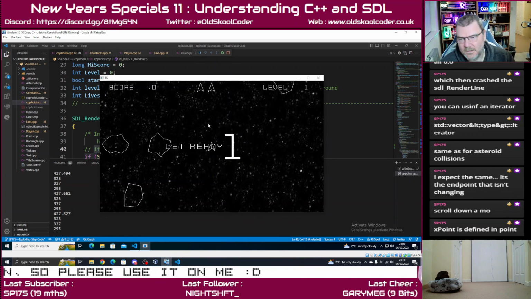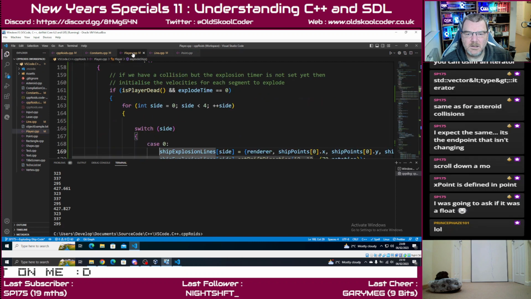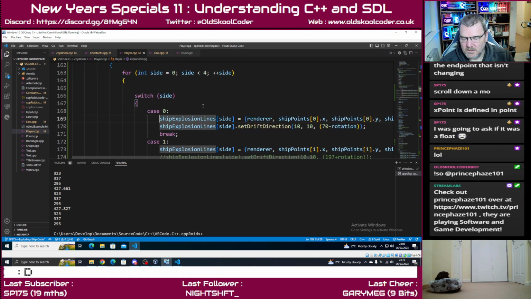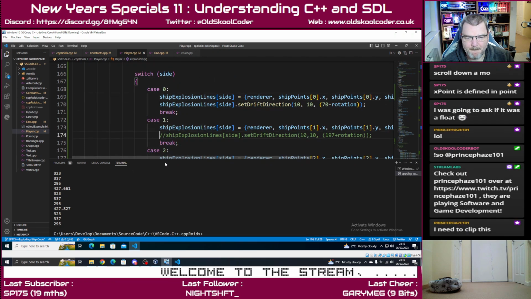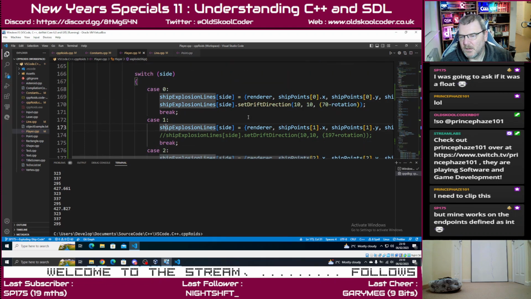Plank. What an absolute plank. Right, so we've got the direction going the wrong way, yeah? Oh, it's not that. It's because we've remmed that out, haven't we?